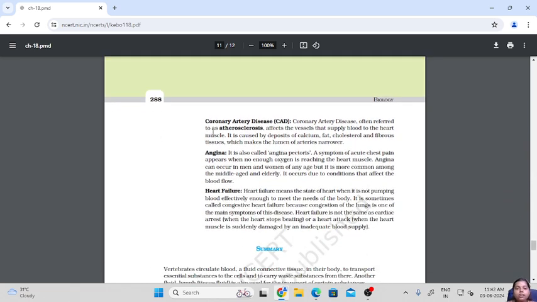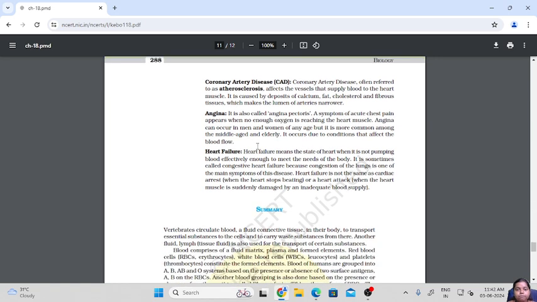Then the next is coronary artery disease, in short CAD, often referred to as atherosclerosis, which affects the vessels that supply blood to the heart. It is caused by deposits of calcium, fats, cholesterol and fibrous tissues, which make the lumen of the arteries narrower.